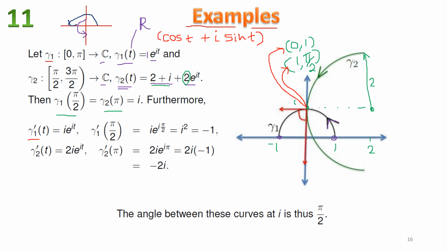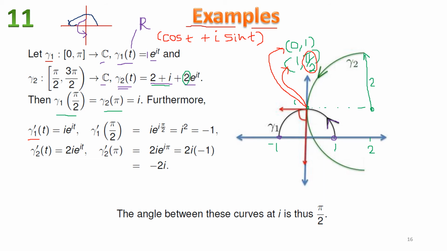So gamma 1 dash is i times e to the it, and if you like to find this gamma 1 dash at pi by 2, why pi by 2? Because we are interested in finding the tangent at the common point. So that will be i times e to the power i times pi by 2. So e to the power i times pi by 2 represents the same point i.